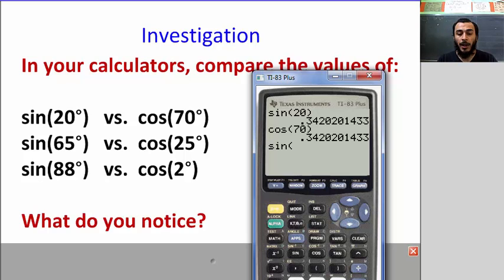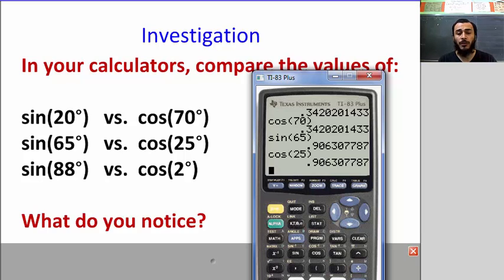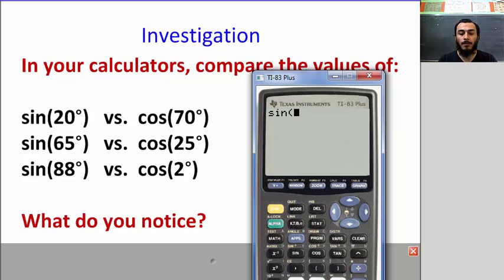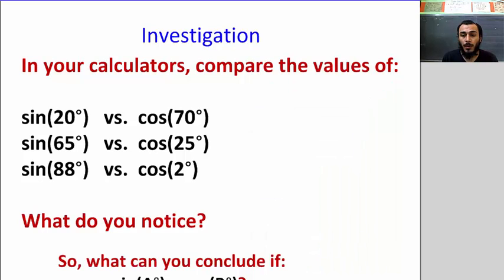Let's continue. The sine of 65, and let's compare that to the cosine of 25. Interesting. They're also the same. One more. The sine of 88, let's compare that to the cosine of 2. Interesting, they're the same. So what do you notice?